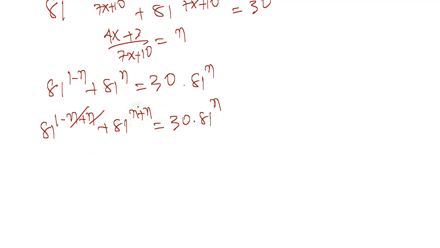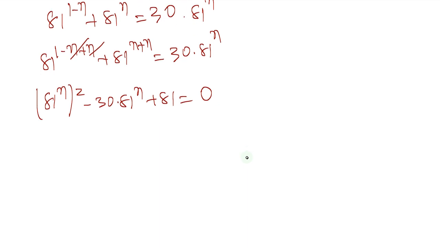Let me erase this because it's kind of ugly, and let me write it here. We have then 81 to the power of 2n, which we can write like this, and then minus 30 times 81 to the n, and then plus 81, and then this is equal to 0.